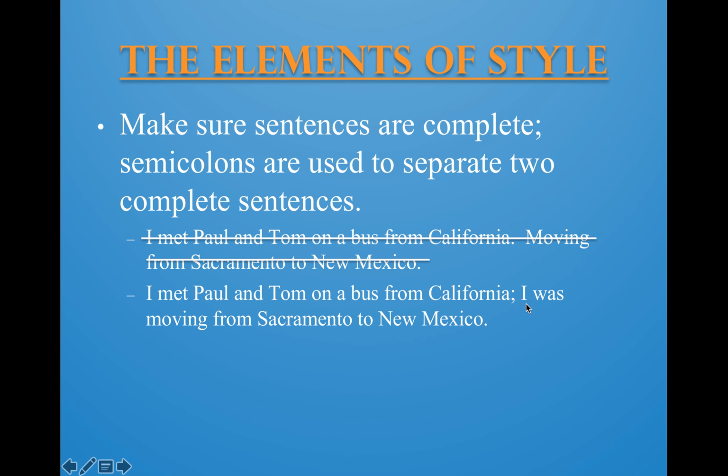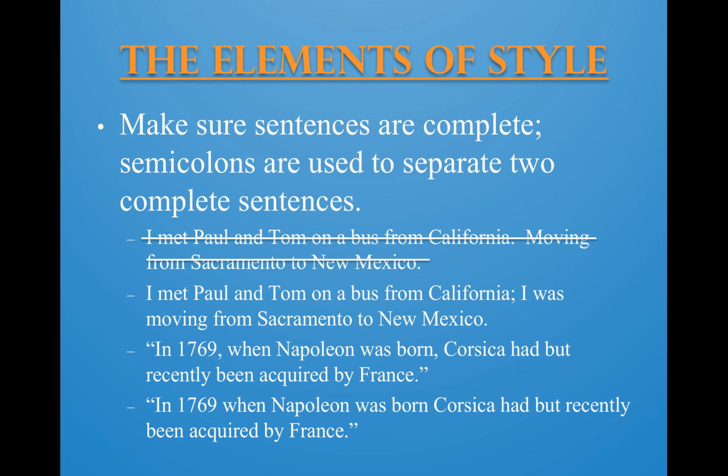This tells us why this person was on a bus and met Paul and Tom. Those could be two completely separate sentences, but because this secondary information supports how the person met Paul and Tom, it's useful to use the semicolon. It would be perfectly acceptable to just put a period here and have two sentences, but the semicolon is another way to do that. Here's another two examples.